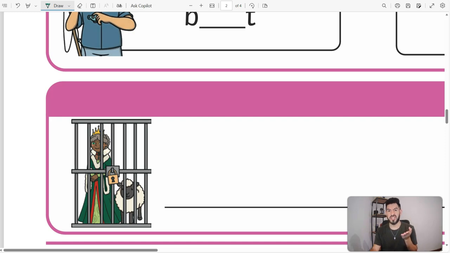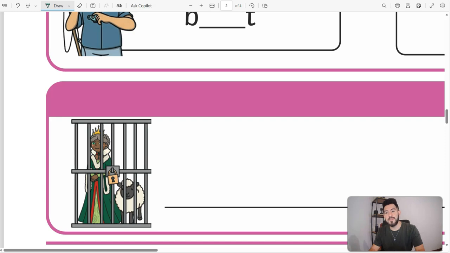You know it, it's a sheep, and they are in jail, that would be jail. So what can you say about that? The queen, a sheep, the jail. Write something there, okay? And that will be it.